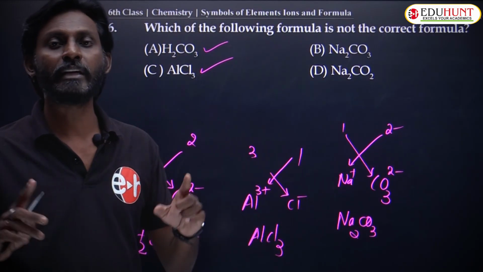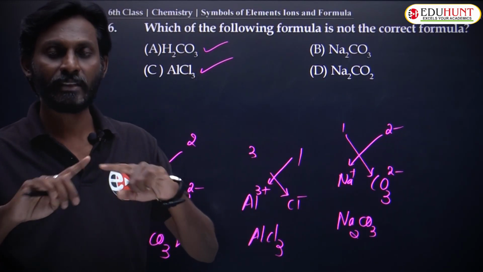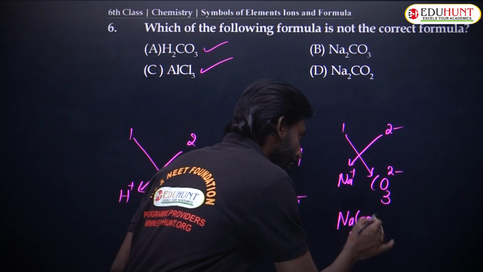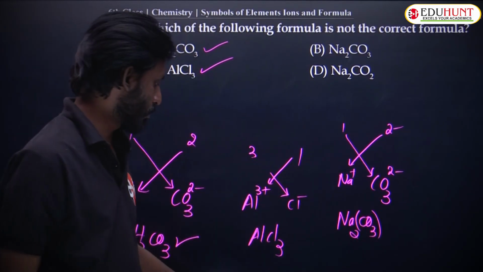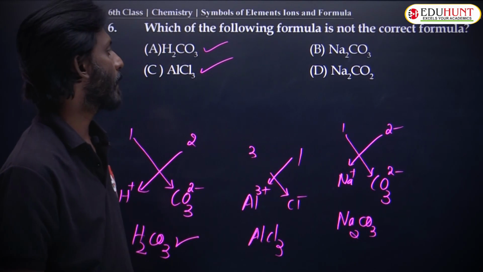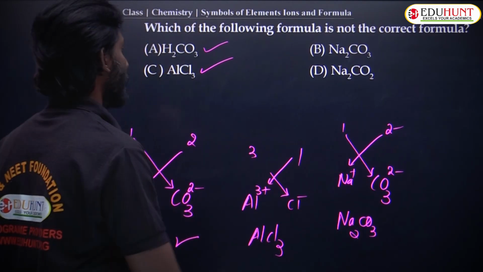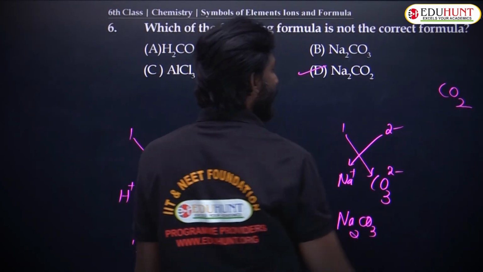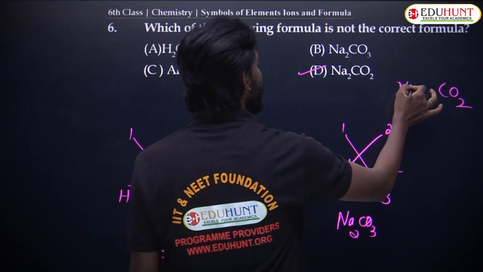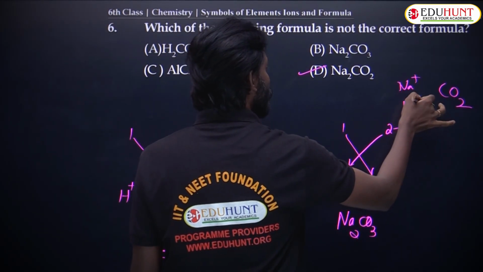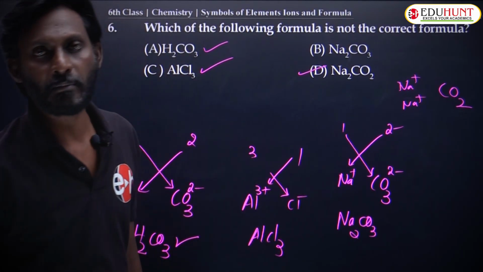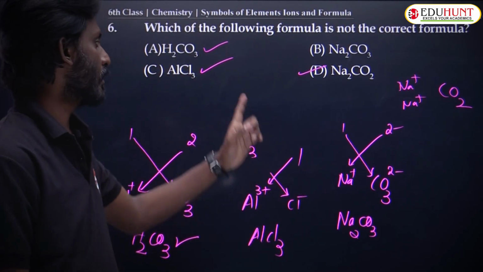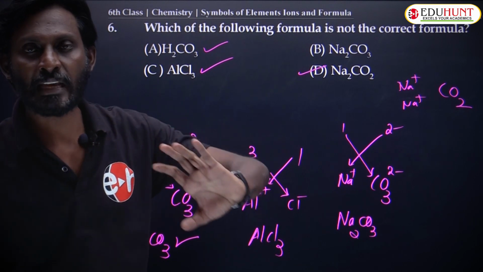For a polyatomic, if you want to use the subscript, you have to keep the bracket. But here 1 only, no need of bracket, no need of subscript. Okay. Then I hope this is the wrong answer, because carbon dioxide has no charge. Then how will it combine with 2 positive charged sodium ions without charge? So that is a compound which does not actually exist.